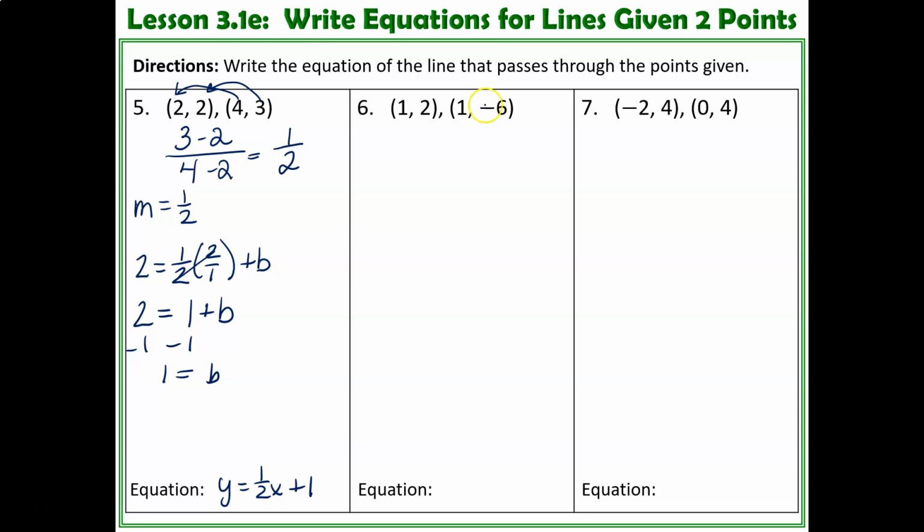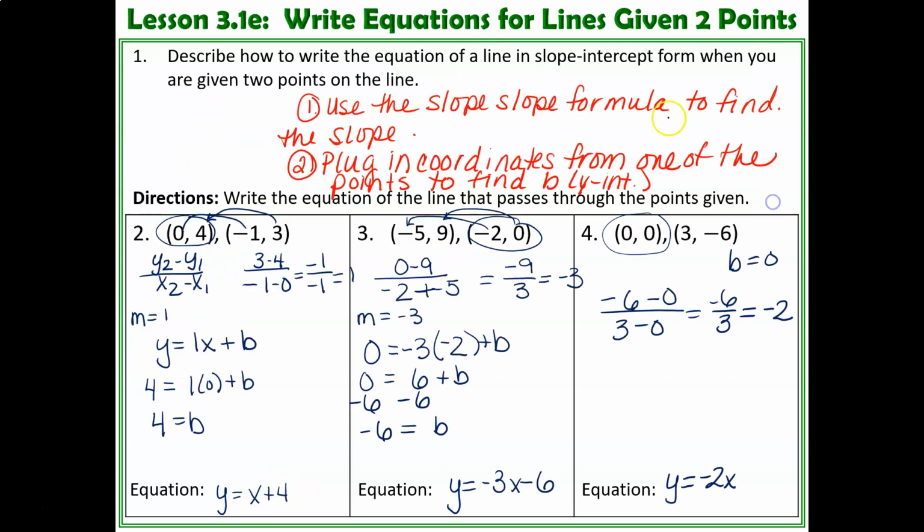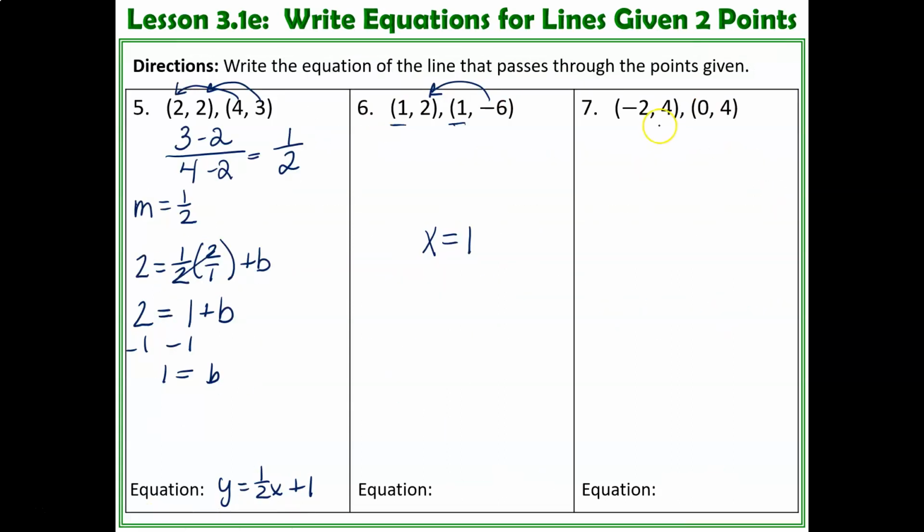Number 6, find the slope. But look at this. Do I really need to find the slope? My x values are the same. That's telling me my x values are always going to be negative 1. So x is 1. Ironically, if you look at the next one, my y values are the same, which is going to tell me y is equal to 4.